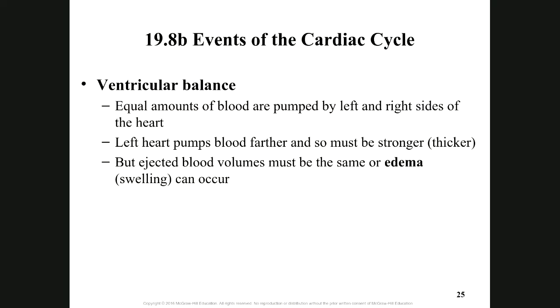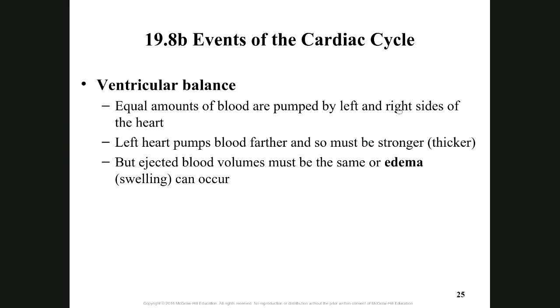And we have a term which we call ventricular balance. The amount of blood which is pumped by the left and right ventricle should be the same. So the stroke volume for the right ventricle and left ventricle, both of them should be 70 milliliters.